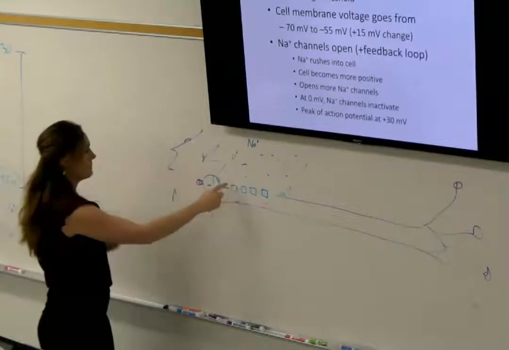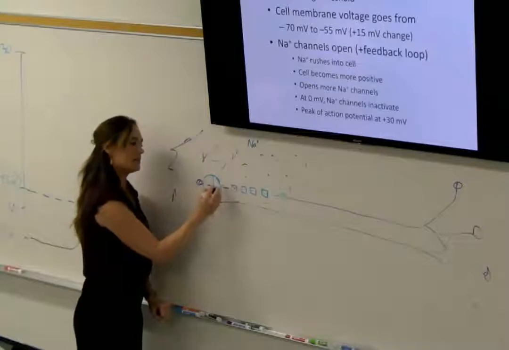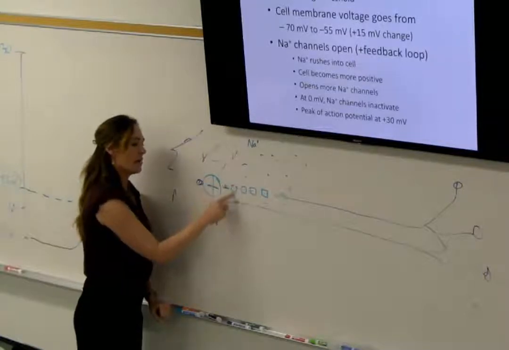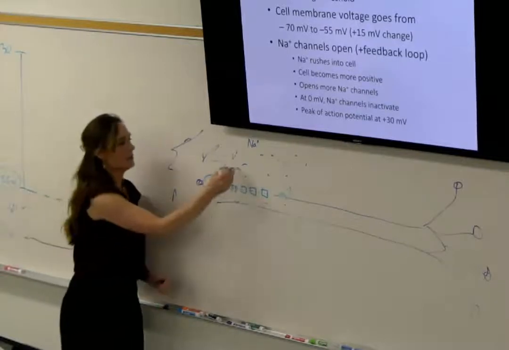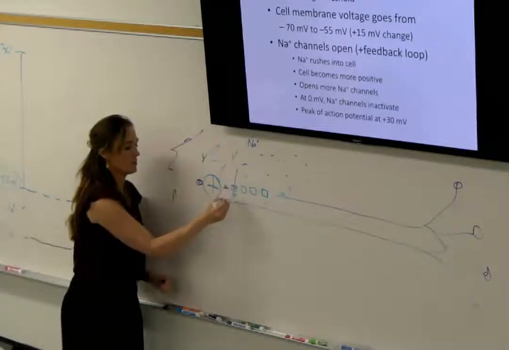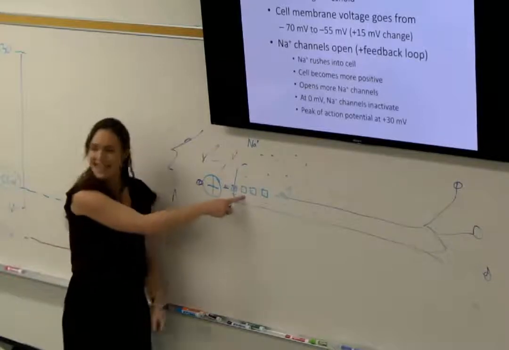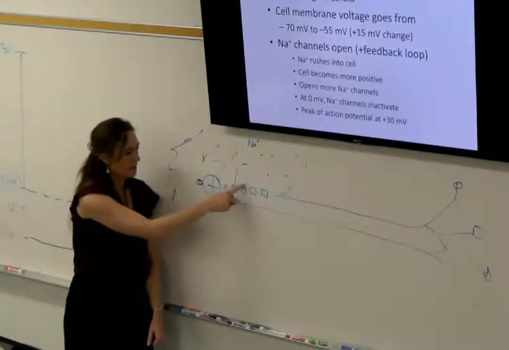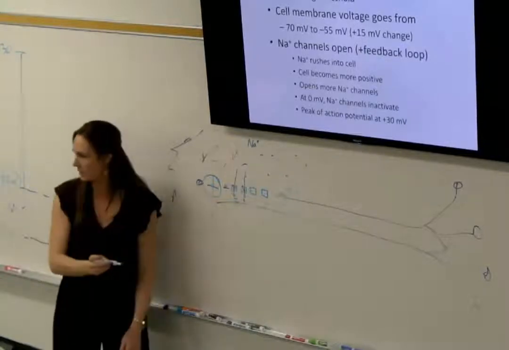Because this one's a voltage-gated one, it senses the -55 and therefore opens. It opens and a bunch of sodium starts to come through, right? So this becomes positive. Then this next one senses it and it opens, and we have some that come down and it becomes positive.